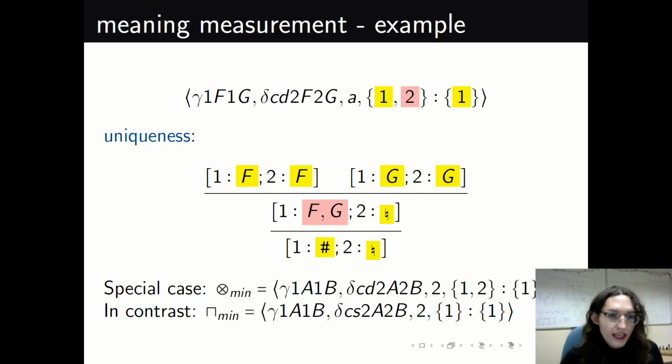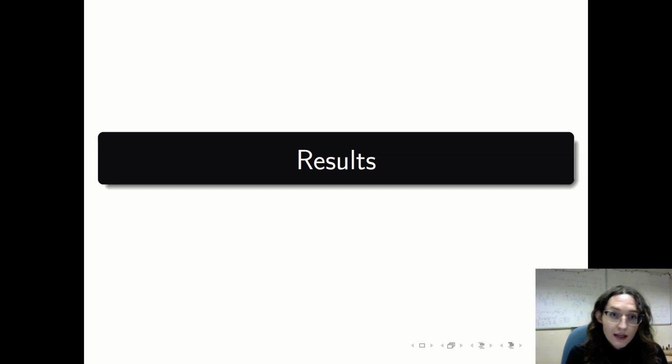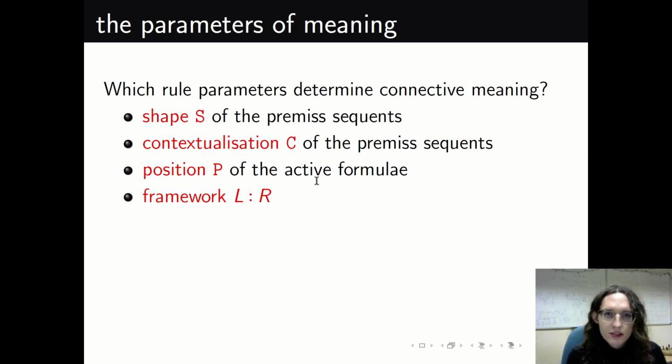What results do we get out of this picture? What are the minimal parameters determining use and hence meaning? First, let's look at what parameters generally determine meaning for all of the different connectors we considered. Firstly, if we're changing the premise shape of the premise sequence, we're having a change of meaning.